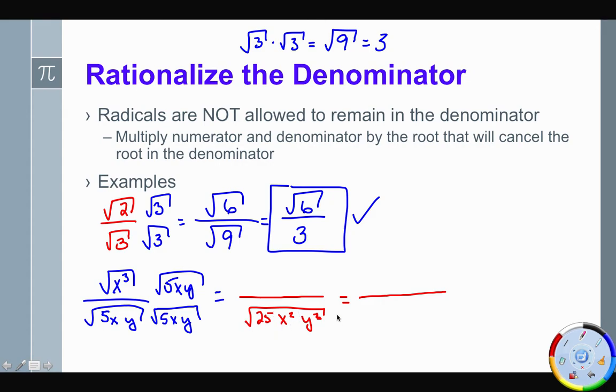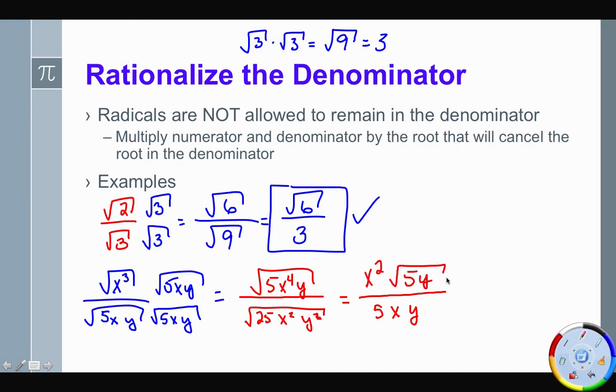Then we can just take a look at this problem and say, well, the square root of 25 is 5, the square root of x squared is x, and the square root of y squared is y. Then we just need to simplify the numerator. When we multiply the numerator pieces together, we get 5 times x to the 4th times y. This can actually be simplified a little farther because the square root of x to the 4th is x to the 2nd.